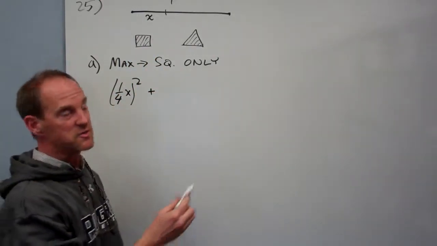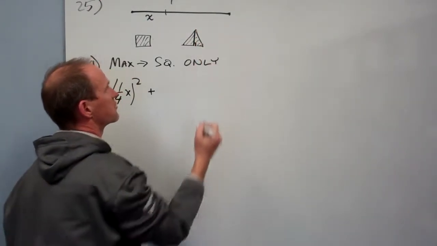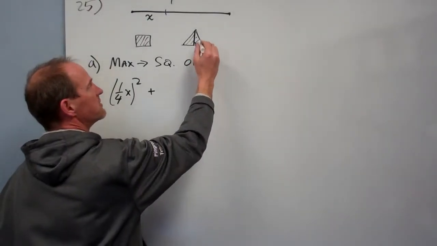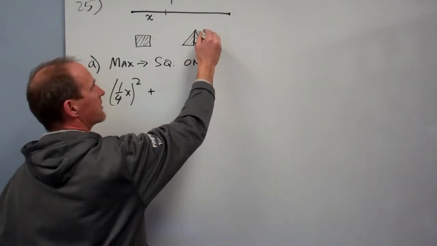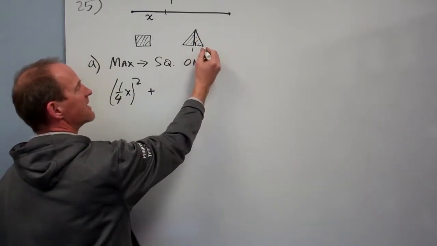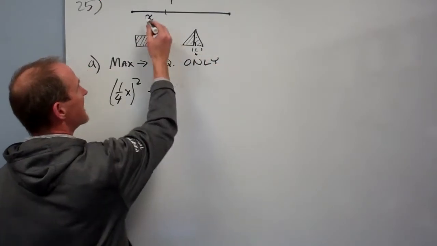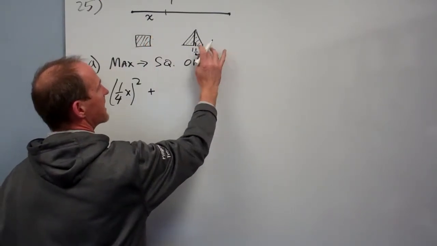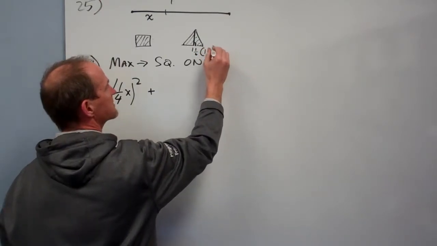Plus, okay, so this one is a little bit trickier. This is why it's worth knowing your shortcut values. Whatever this length is, in this case, it's going to be 1/3. We cut that in half, and that would be that length. So that's going to be 1/6, but it's not x, it's 1 minus x. So I'm writing it small, but it's 1/6, 1 minus whatever x is.